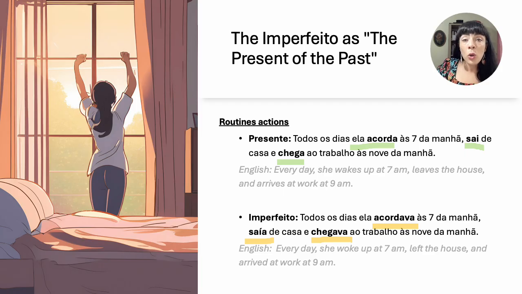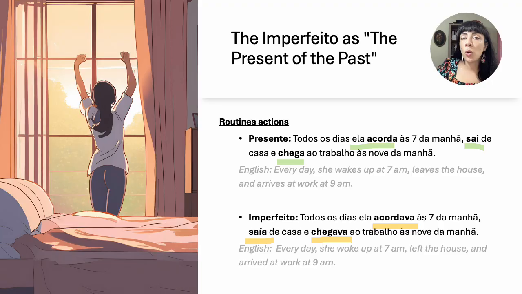Now, notice how all the verbs that are used in the present tense, as I said before, are used in the same way in the imperfeito. Obviously the conjugation is different because they are different verb tenses, but the routine context is the same, and it's the main thing you need to focus on here.